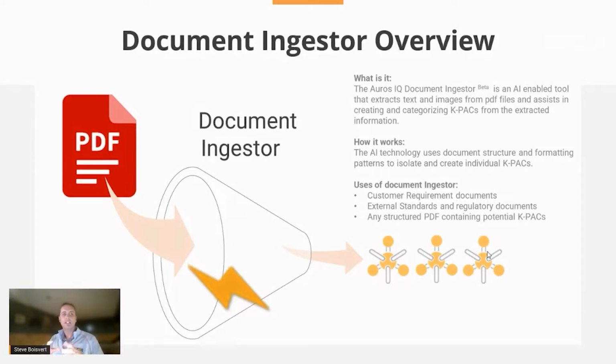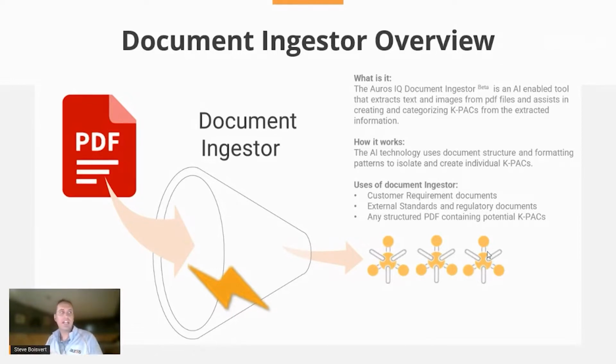It was really developed at the time to address two particular use cases. One was customer requirement documents, huge documents, hundreds of pages, where we had different customers copy pasting the individual requirements out of those documents to create knowledge packets.